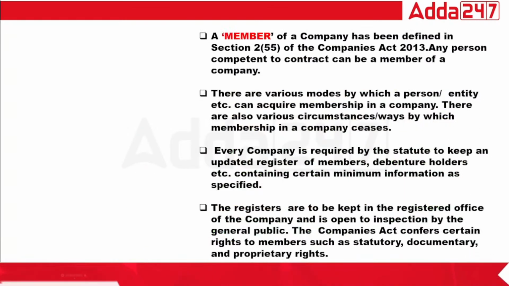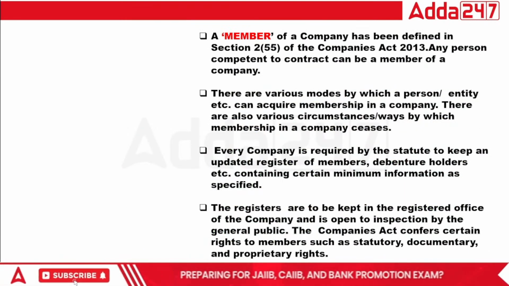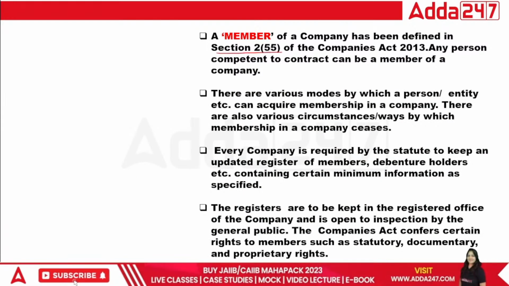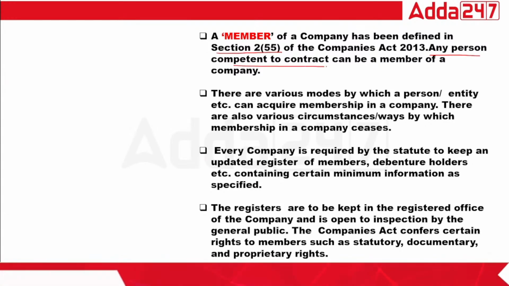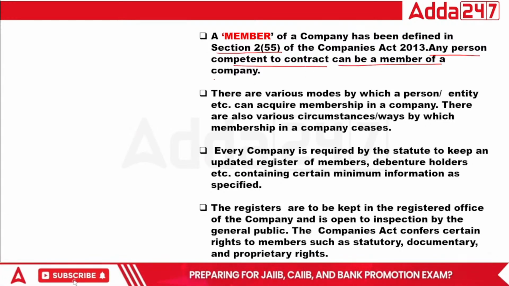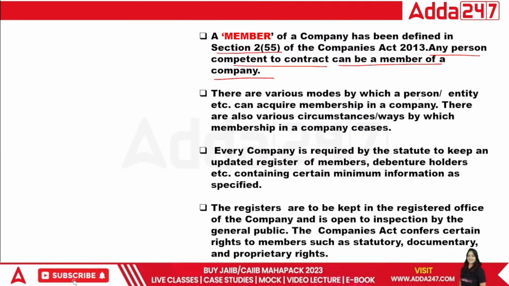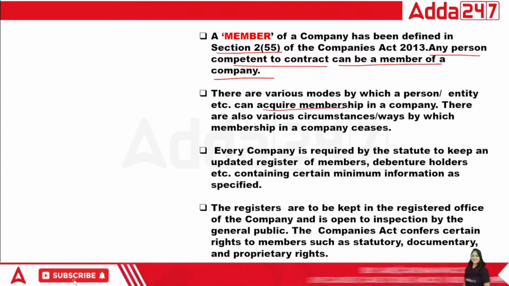Now, about the members, class. A member of a company is defined in Section 2 clause 25 of the Companies Act. Any person competent to contract can become a member of a company. There are various modes by which one can acquire membership of a company.